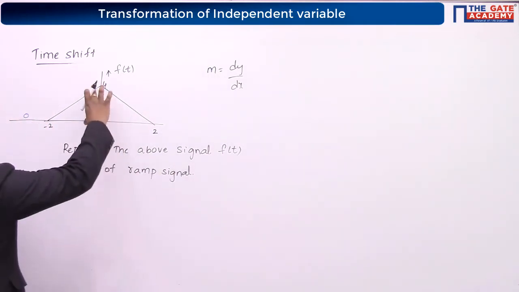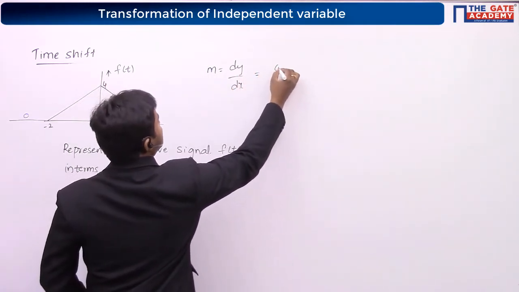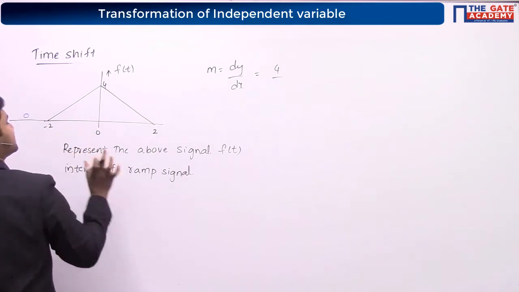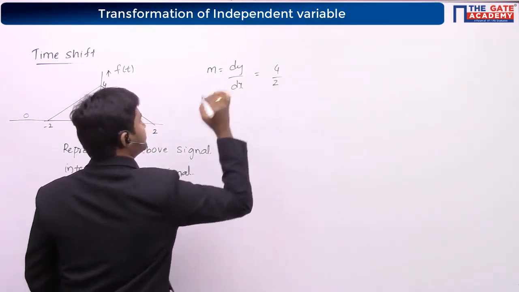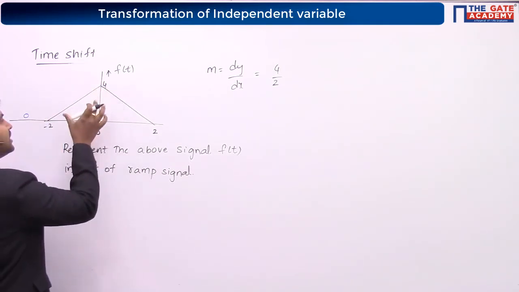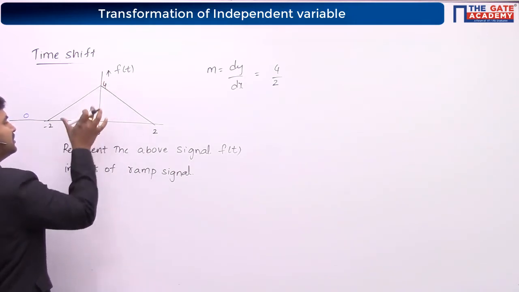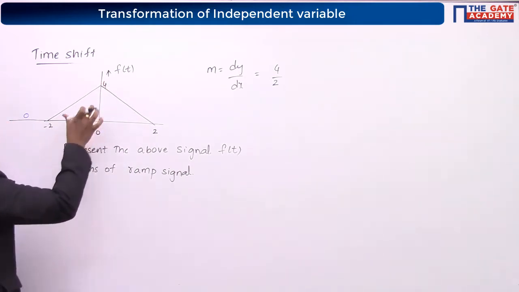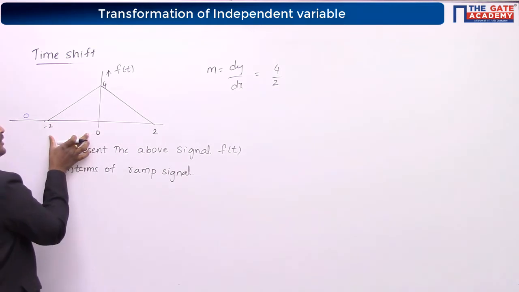So change in y is 4 units. Change in x is 2 units. I'm just seeing the magnitude of it, not going into the sign of it. Here the change in magnitude is 4, here the change in magnitude is 2. So 4 divided by 2 is 2.